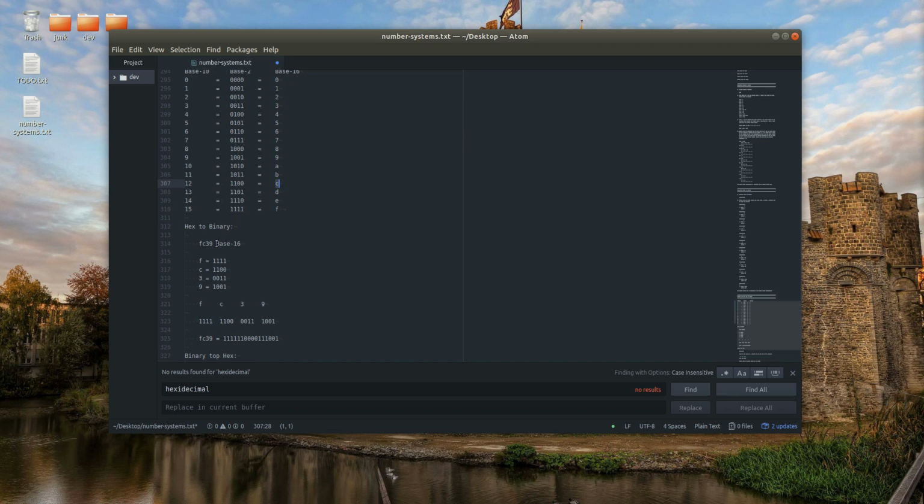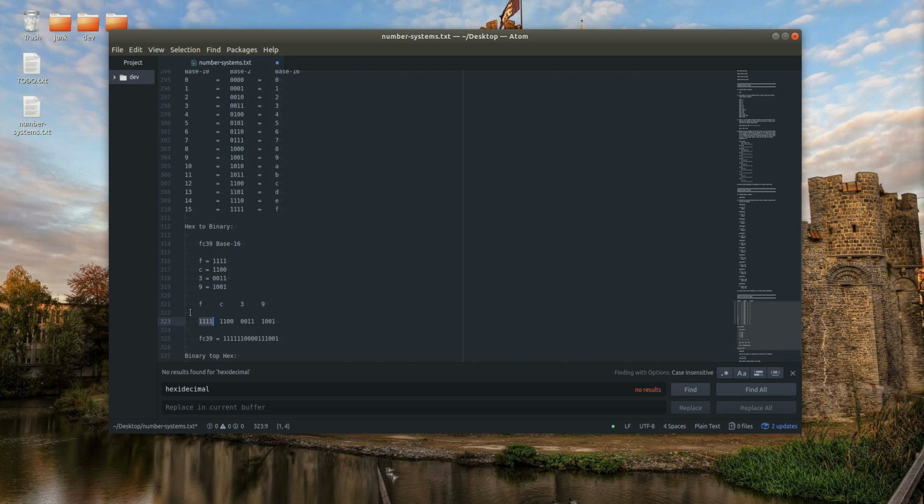So let's work through an example. We have FC39 in base 16. So F, if we look up on our chart, is 1111. C is 1100. 3 is 0011. And 9 is 1001. So for the number FC39, we can just swap in these binary values for each hexadecimal character.